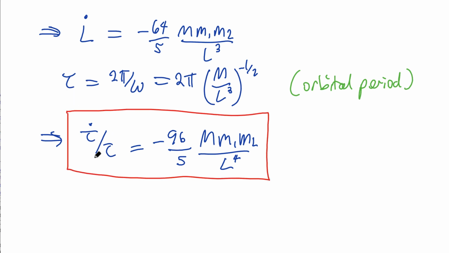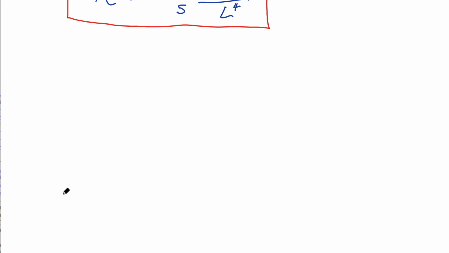Now let's have a bit of fun by putting some numbers into these formulas. For example, we can consider the pulsar PSR 1913 plus 16. This pulsar was discovered in 1974 by Russell Hulse and Robert Taylor.